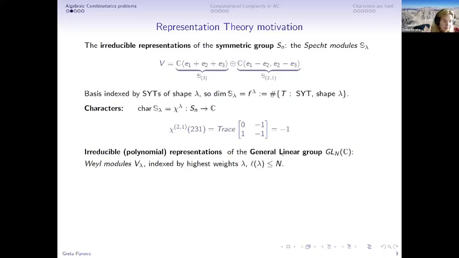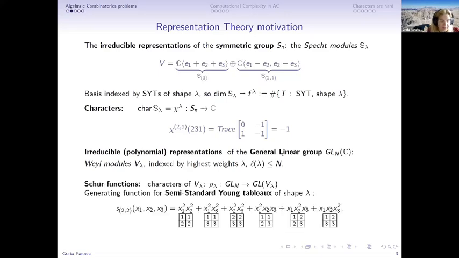And what are the characters of these modules? Just to bring everything in under the same roof. These are our favorite Schur functions. They have many different formulas, but in combinatorics, the favorite one is as the generating function for semi-standard Young tableaux.